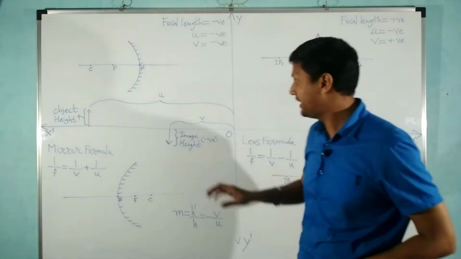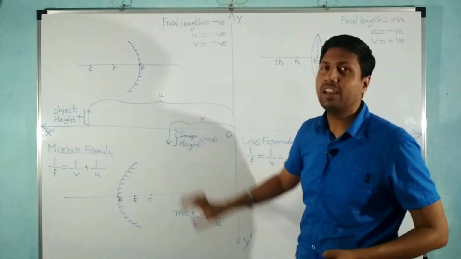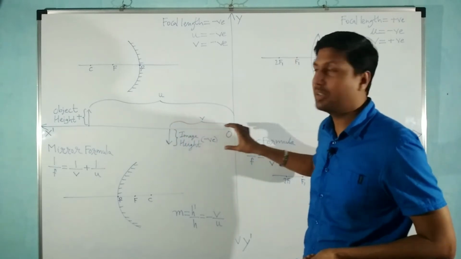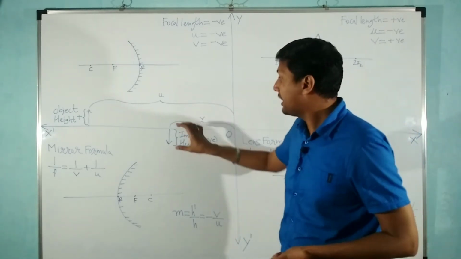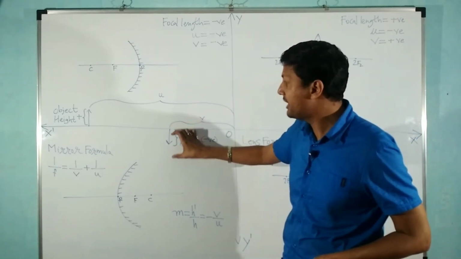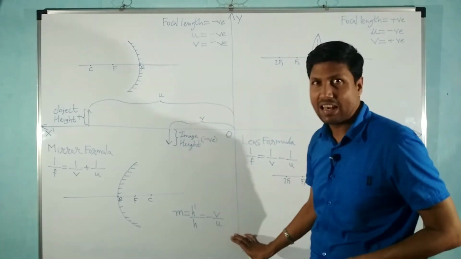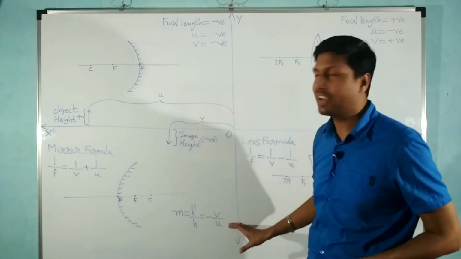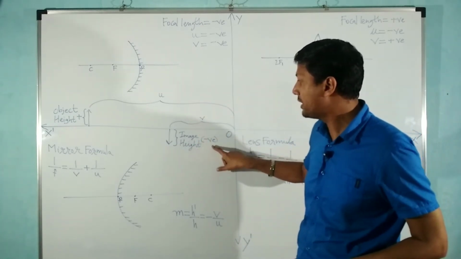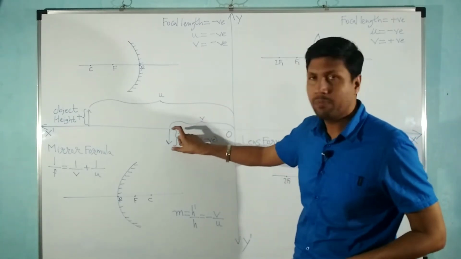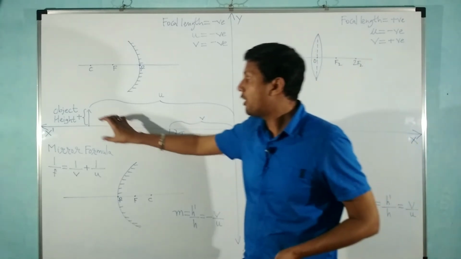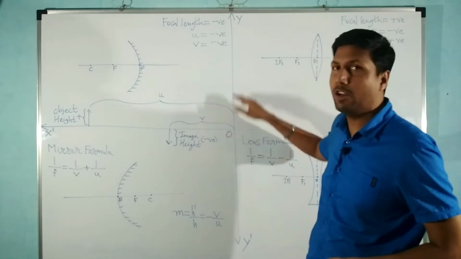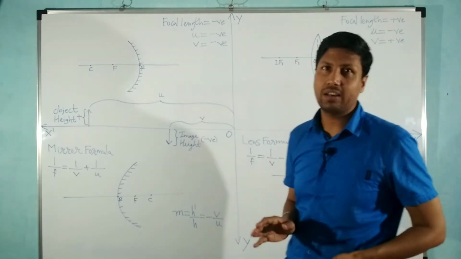Whereas the image height is positive in only one case, that is in the case of a virtual image. Otherwise, the image height is always measured in negative, because below the origin the y-axis values are negative. So the image height will be negative whenever the image is inverted. And the object height will always be positive because it is always above the origin, that is the positive y-axis.